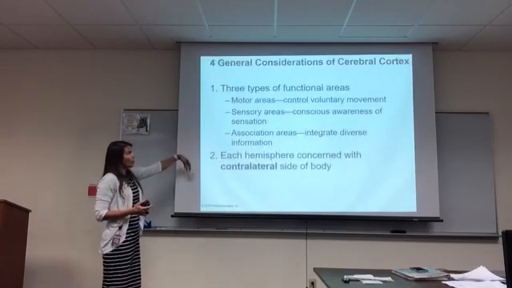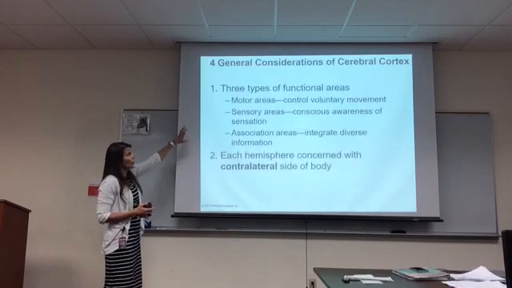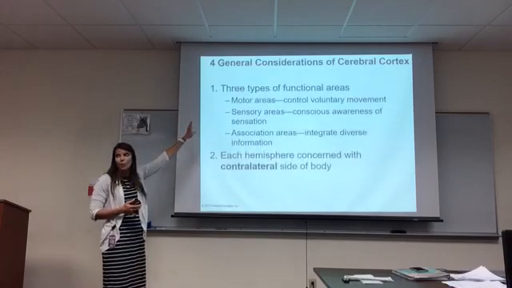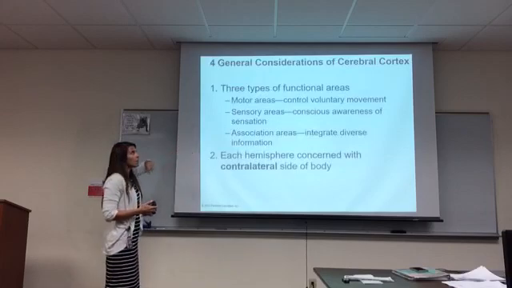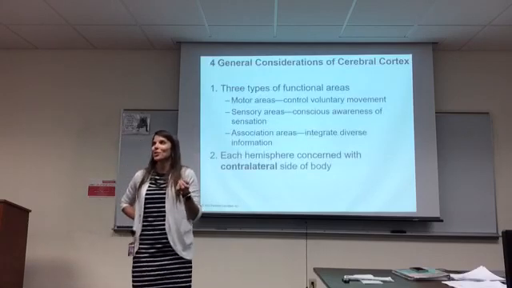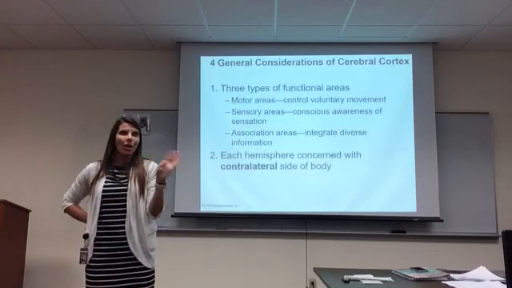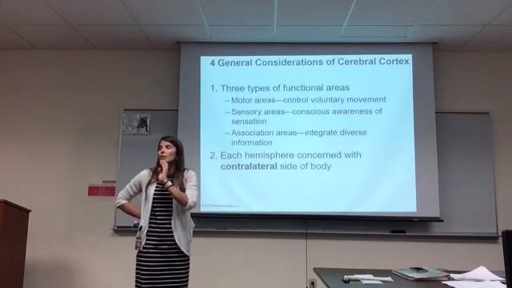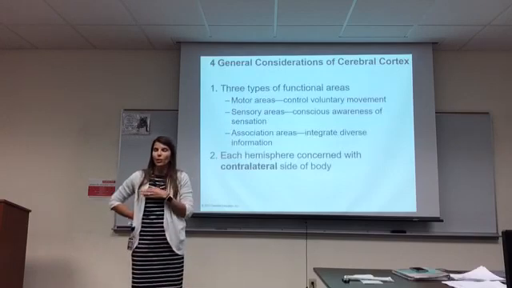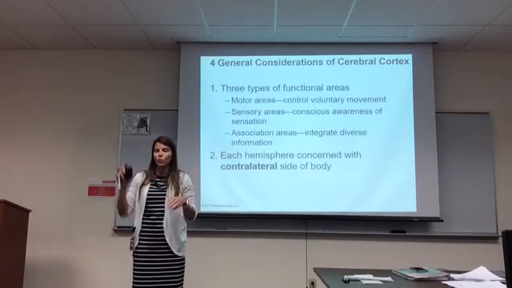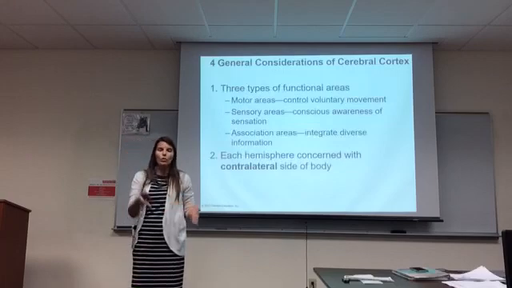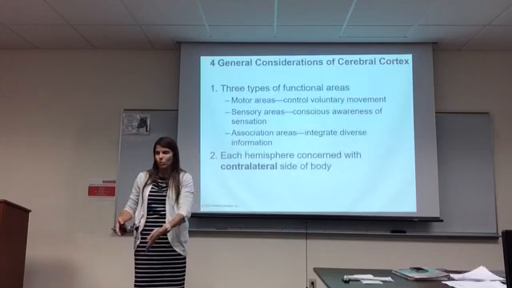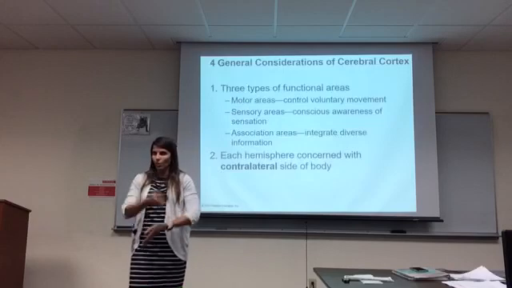Okay. When you're talking about your cerebral cortex, there are motor areas. Guess what those are responsible for? Movement. There are sensory areas, receiving information. Association areas are getting us in between the two. Okay? Your hemispheres are contralateral in their control, meaning your right side controls your left side and your left side controls your right side. Contralateral is what that means.